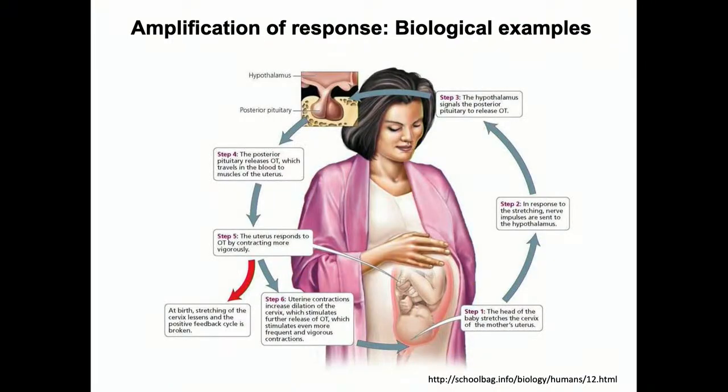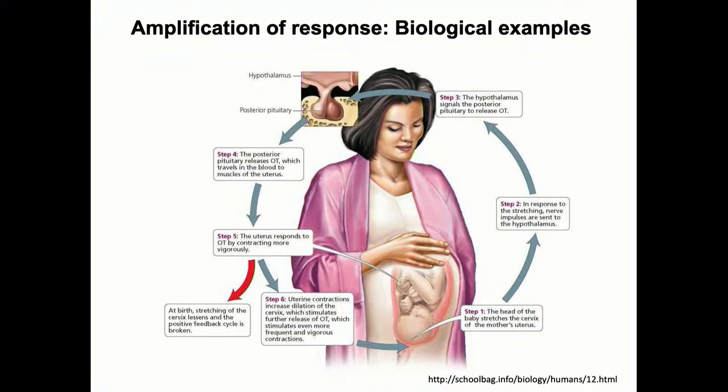Is that okay? Okay. So now let's talk about this example. This is the example of childbirth. When the head of the baby is stretching the mother's uterus, that is triggering a whole bunch of responses involving the nervous system, of course, that is making the contractions of the uterus even more amplified, even more powerful, right?